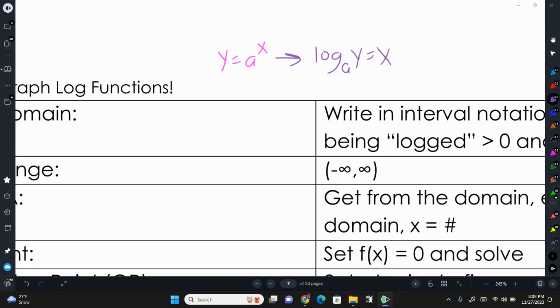Because if we look at the exponential function, we can never raise a to some power and get a negative answer. For example, 2 to the x power equals -5 or -4, okay? There's no value of x that we could substitute in that gives us a negative value, a -4 for this x value.